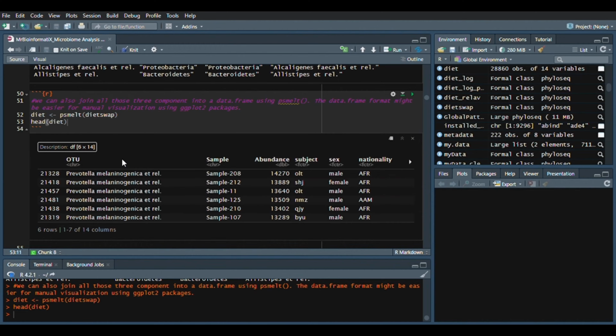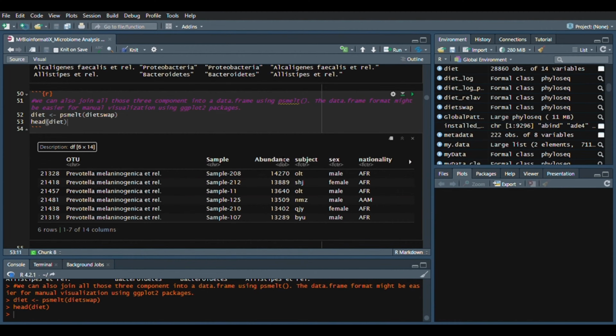OTU names for operational taxonomic units. For example, Prevotella melaninogenica, indicating the microbial species present. And then sample. Here, identifiers for each sample. For example, sample 208, showing where the OTU was detected.